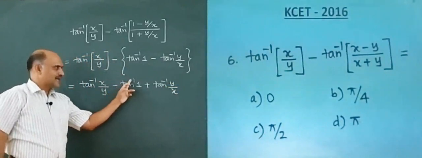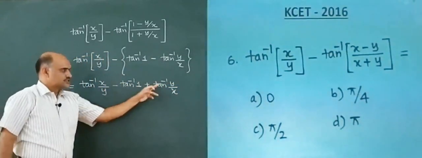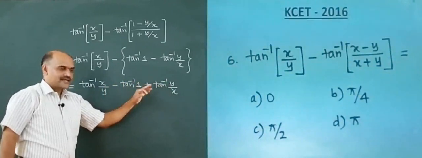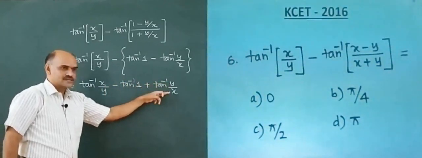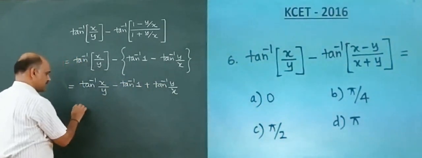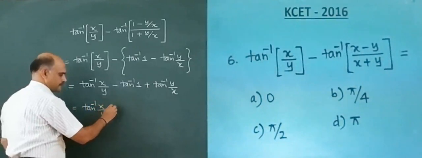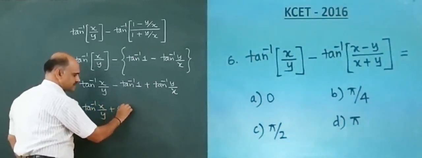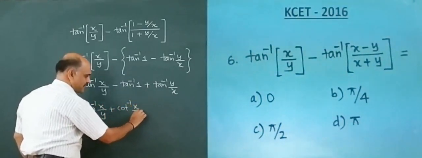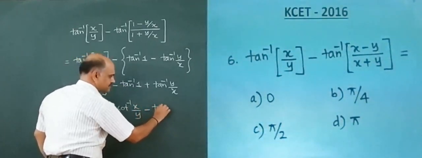Now we know that tan inverse 1 is pi by 4. So tan inverse y by x, if I take reciprocal, it will be cot inverse x by y. So first and third term I will combine: tan inverse x by y plus cot inverse x by y. Then I will write this one minus tan inverse 1.